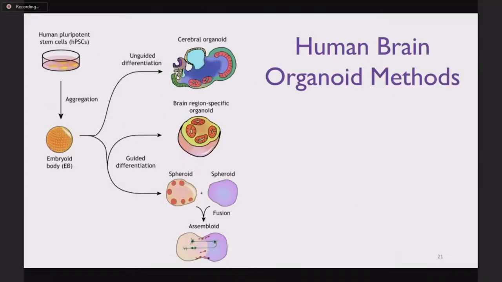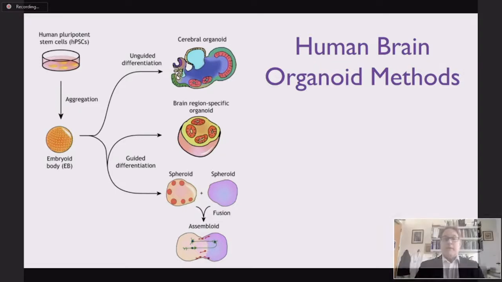So there are two main ways to make human brain organoids from human pluripotent stem cells. Typically, all protocols start with 3D embryoid bodies, which are aggregates of the stem cells. And then you can have an unguided differentiation, which is you don't treat the cells, you just let them differentiate, and the normal default, for reasons we don't understand, is to make a forebrain.